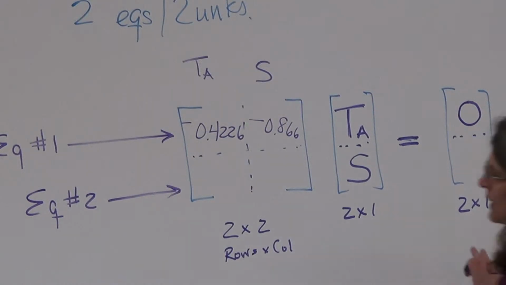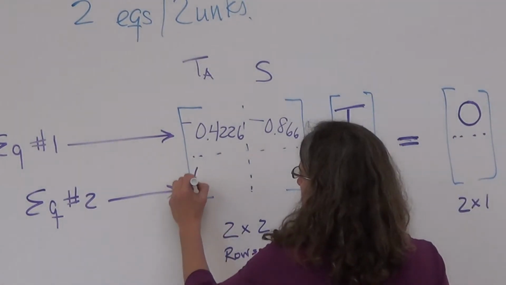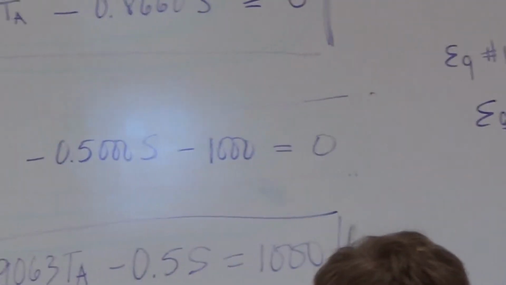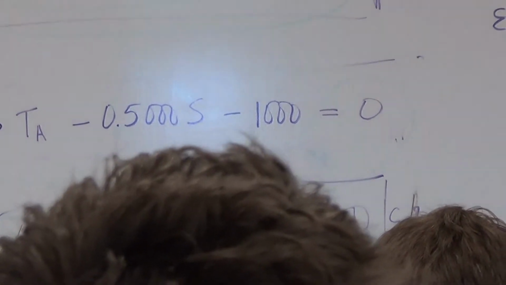Okay, what goes in the second one? 0.9063, negative 0.5 equals 1,000.